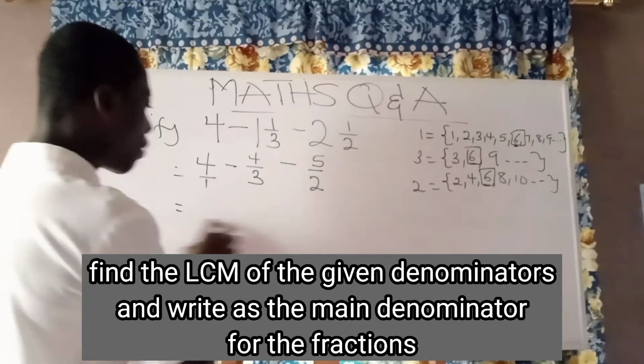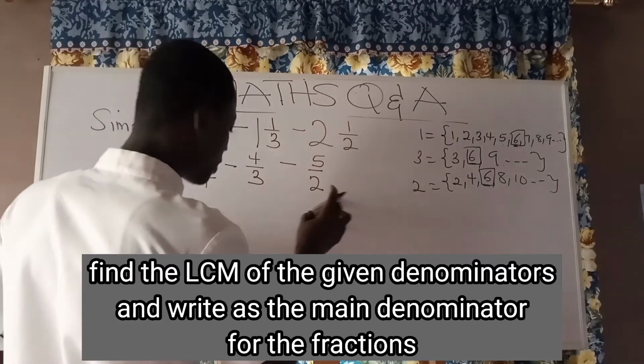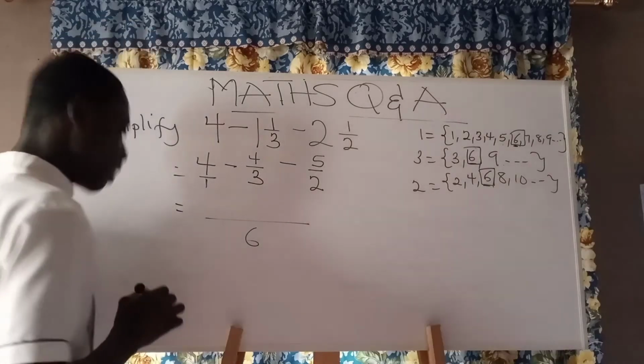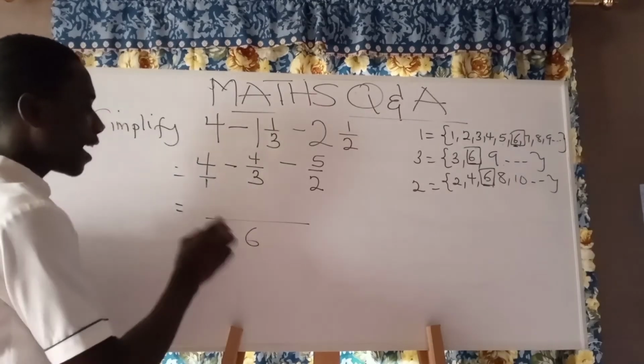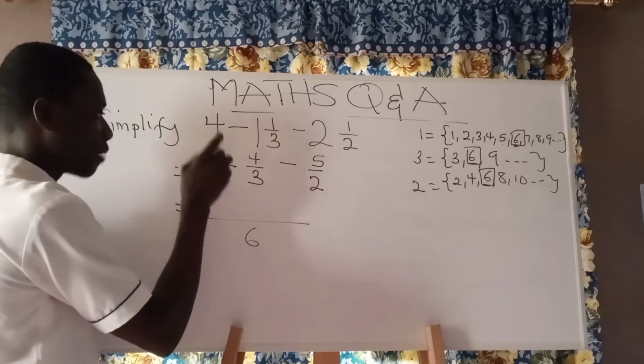Good. So we use that as our denominator for the question here, denominator 6. Now that you've figured out the LCM, just divide the LCM by each denominator and multiply the result by the numerator.